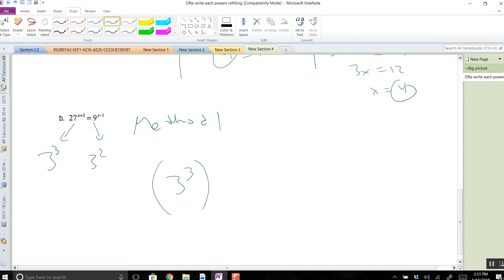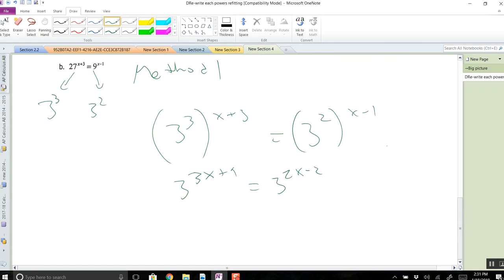So 3 cubed to the x plus 3, 3 squared to the x minus 1. And now be very careful. When you raise a power to a power, how do you combine the exponents? Excellent. You multiply. So 3 to the 3x plus 9, 3 to the 3x minus 2. Yep. So those are the same. So guess what? Those exponents are the same. They have to be. That's the whole point.